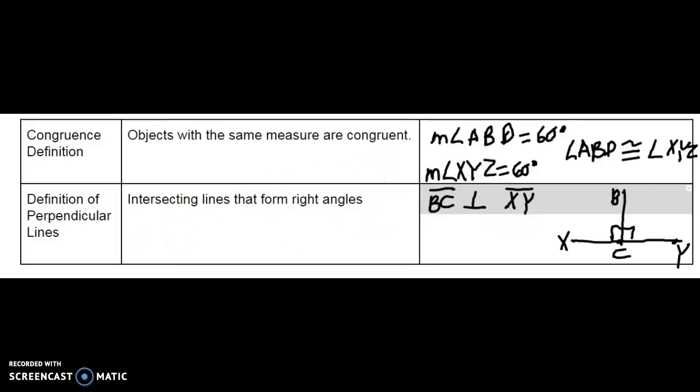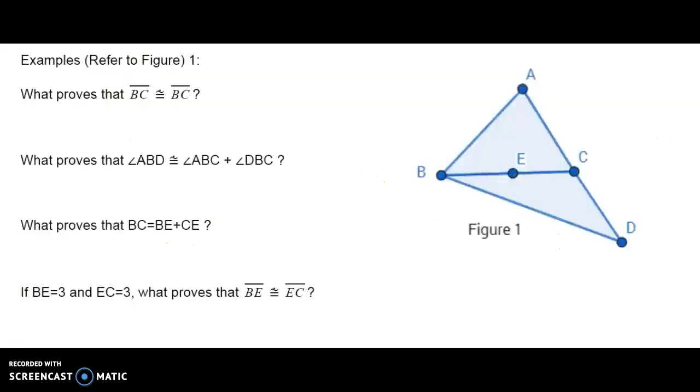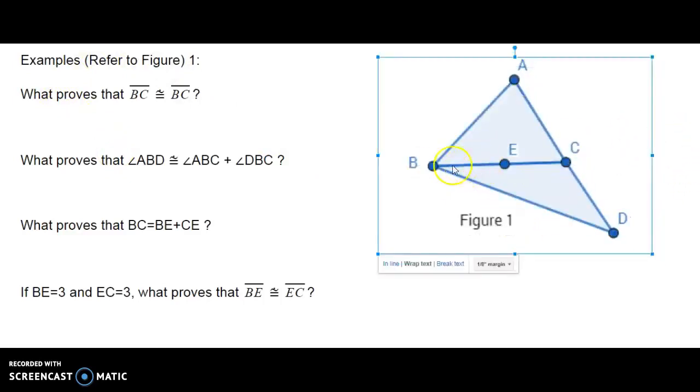Let's take a look at a few examples of how you'd use these. Now, for our first set of examples, we're going to refer to figure one. Figure one's right here. We've got this funky looking shape here with A, B, C, D, and E, all points there. First thing I want to know, what's going to prove that BC, this line here, is congruent to itself?